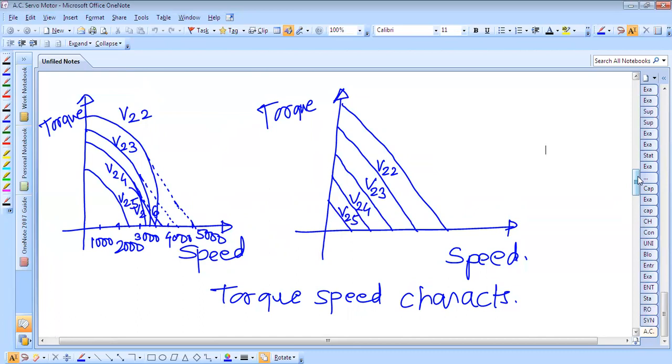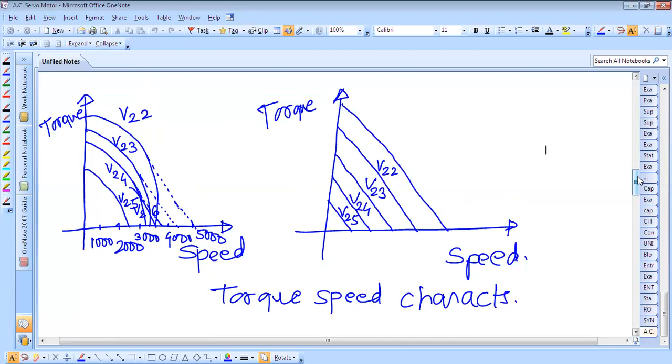We can see that A.C. servo motors are rarely used for higher speeds. Therefore it generally operates at lower speeds, and we can see from the first diagram that the curves are linear for lower speeds but become non-linear for higher speeds. So the approximation we have to consider is that the resultant curves should be parallel to each other, that means linear.